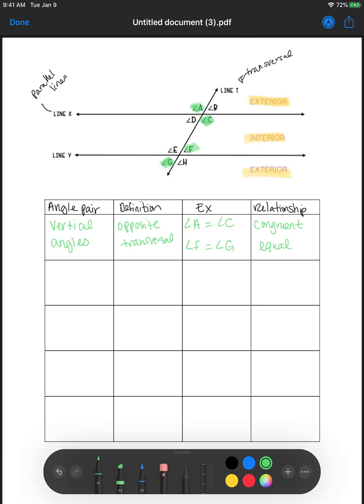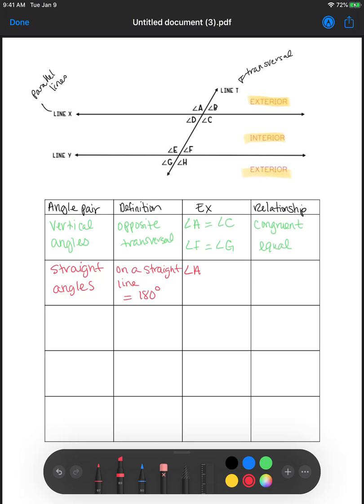All right, and then our next one is going to be straight angles. And these are angles that are formed by a straight line. So on a straight line, they equal 180 degrees when added together. For example, we have angle A, and I'm going to highlight these again.